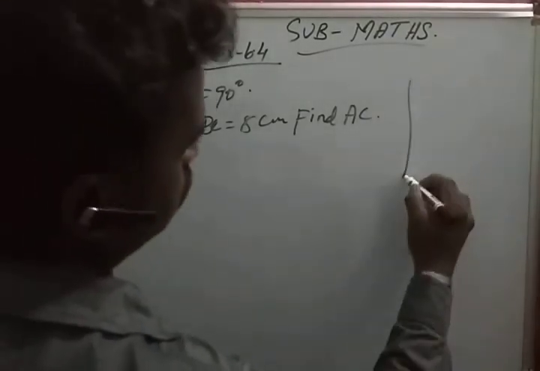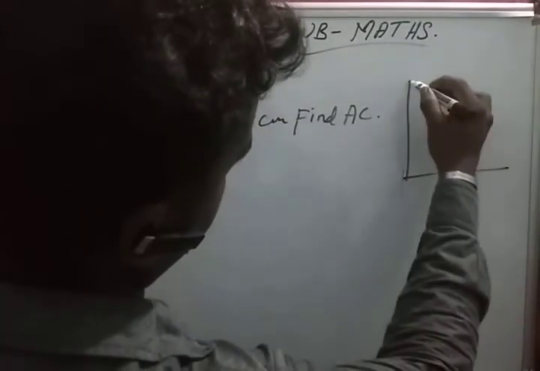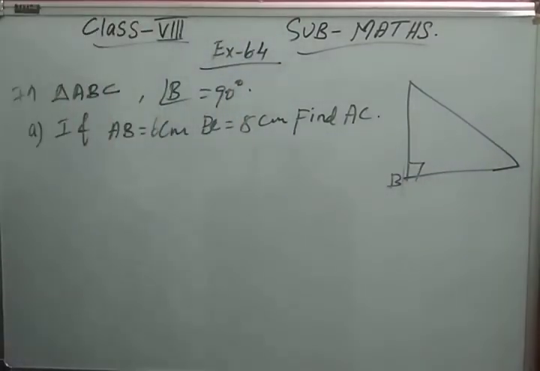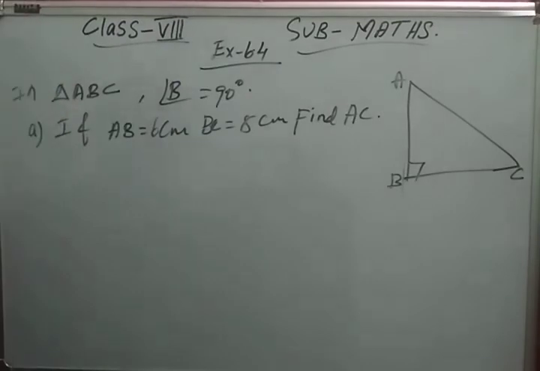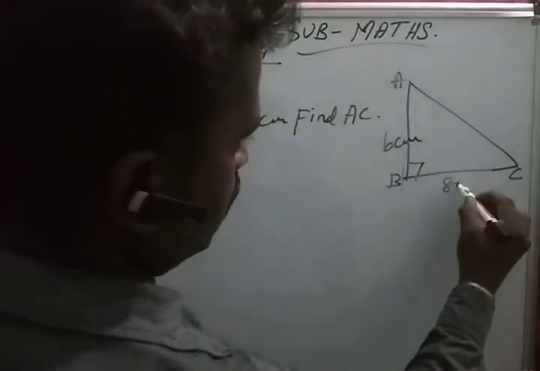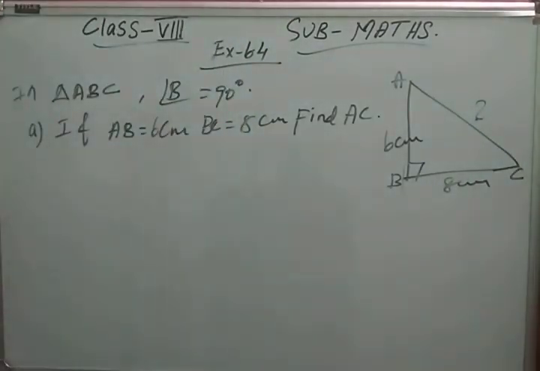Since they have given a right angle, draw a right angle normally. This is B, 90 degree. Then we can take A, B, C. Now AB they have given as 6 centimeter and BC as 8 centimeter. We have to find the value of AC.